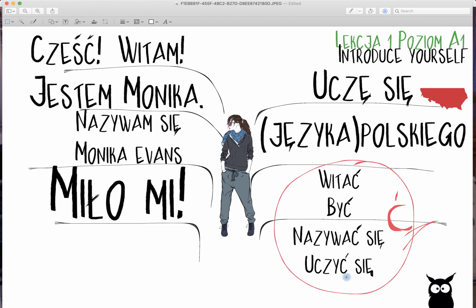Uczyć się means to learn. If you drop się from this verb, you would have uczyć, and that means to teach. So uczyć się, to learn, uczyć without się, to teach.